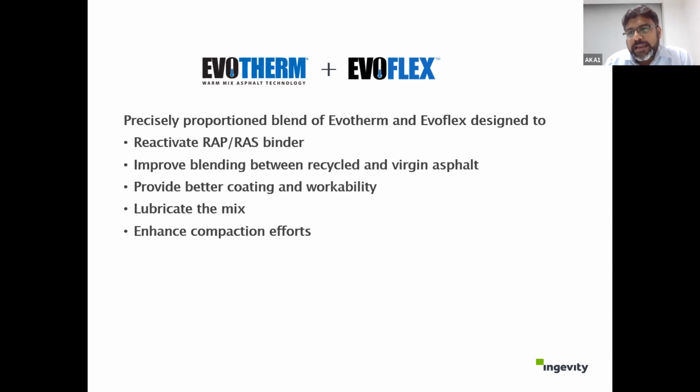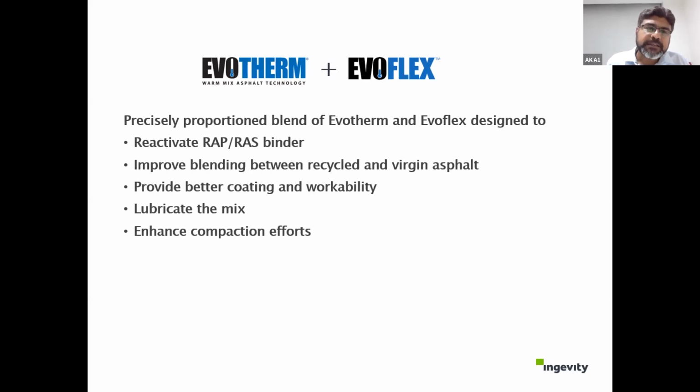Warm mix doesn't do anything to the binder in the RAP. It only gives good workability so the RAP mixes well and I can get good compaction at low temperature. Now, a rejuvenator like Evoflux typically provides the material required for the asphalt to behave as if it is 5 years or 10 years younger. So they want both of these in one product. This is what is happening recently.